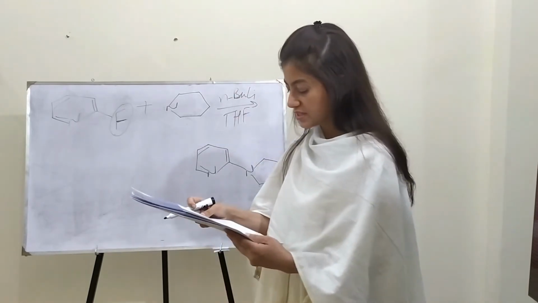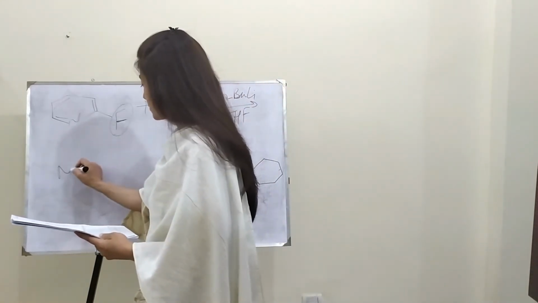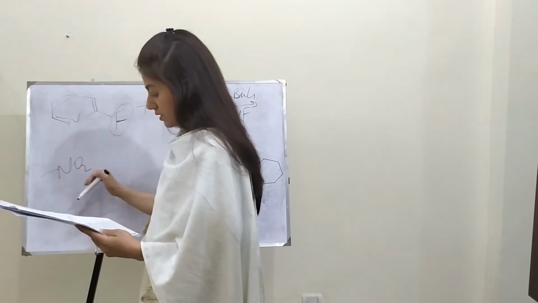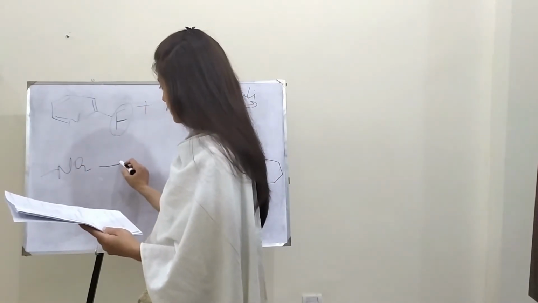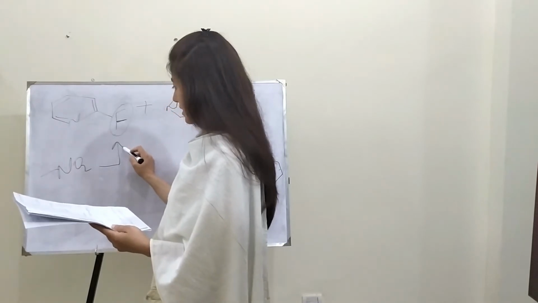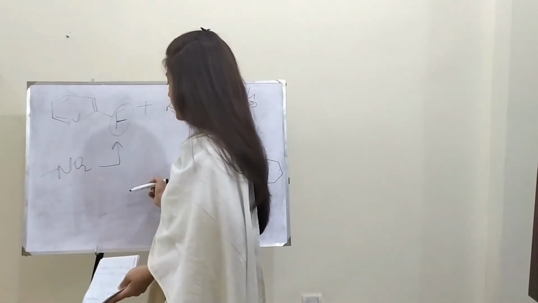Then comes the displacement of nitro group, which can be made the means for synthesis of these alpha and gamma fluoropyridines.